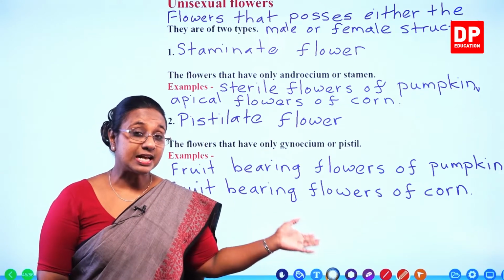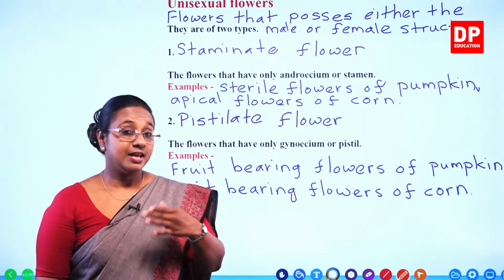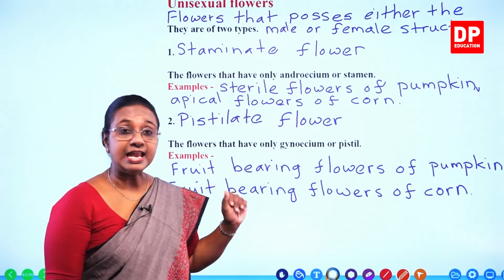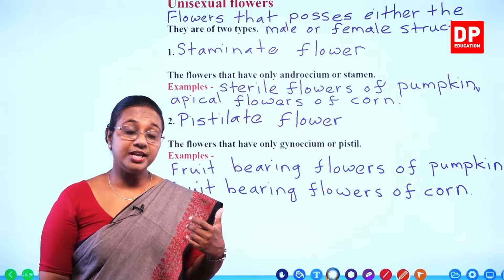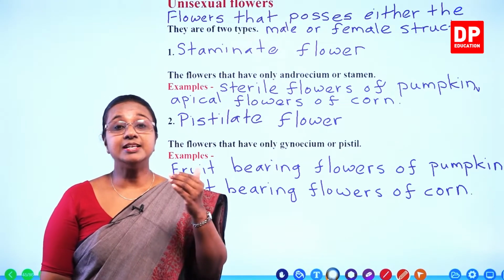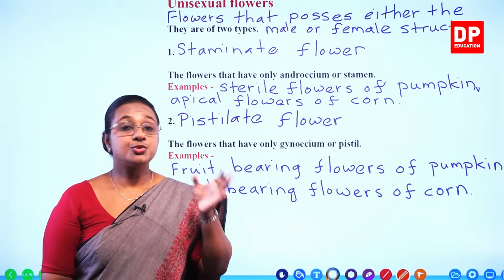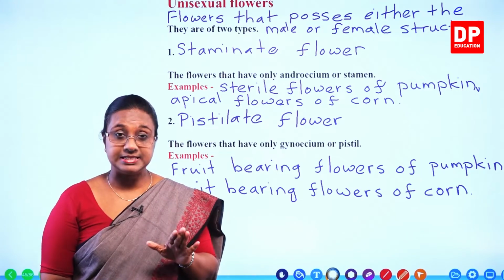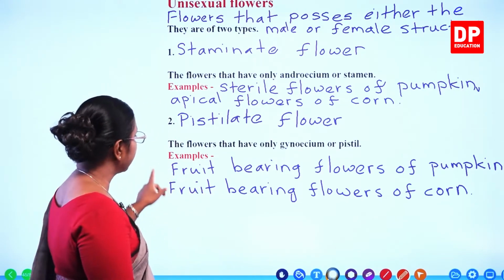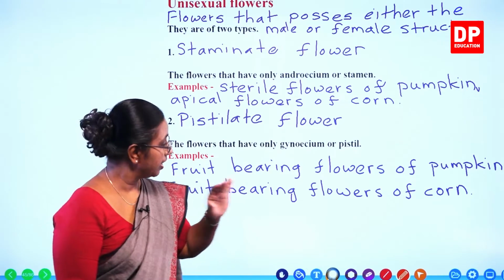After this, we will be discussing the process of fertilization. There you will understand the female reproductive structure. We have discussed that already: ovary, style and stigma. The ovaries become the fruit. Ovary is part of the gynoecium or the pistil. So that is why we say fruit bearing flowers of pumpkin, fruit bearing flowers of corn.